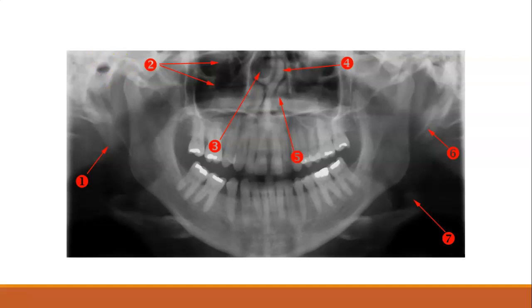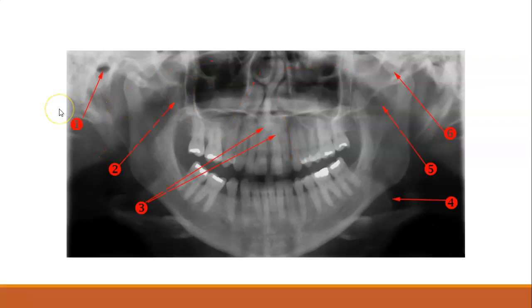Sometimes I've seen people just say the ear canal, but it's the external auditory meatus. That's a super good image of it. Nice little round, and it's really close to the zygomatic process.